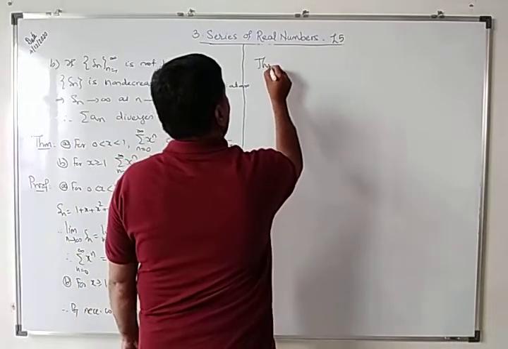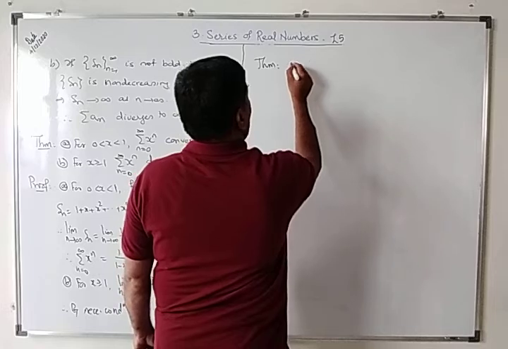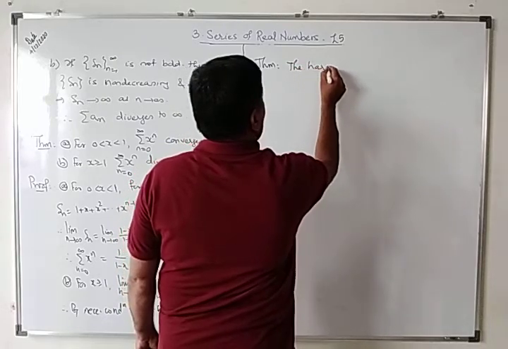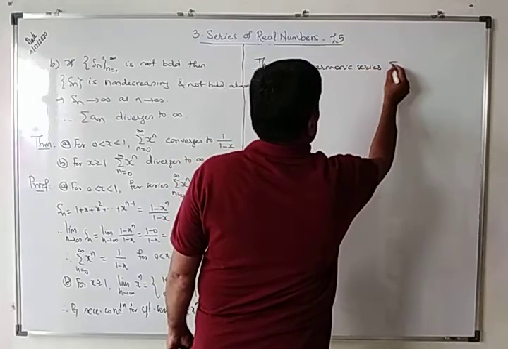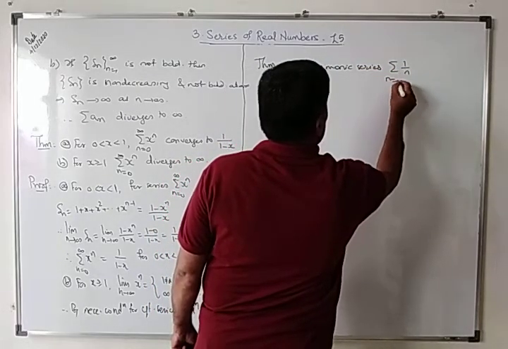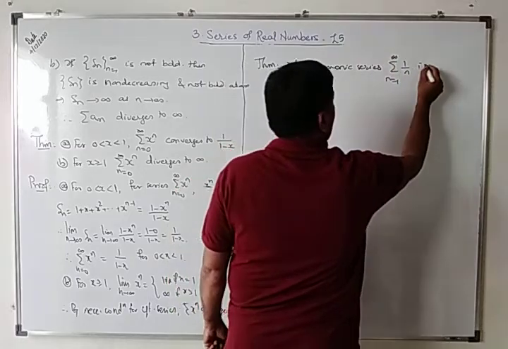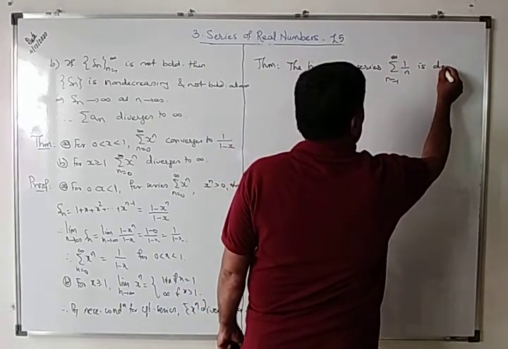Next theorem: the harmonic series, summation of 1 upon n, n equal to 1 to infinity, is divergent.